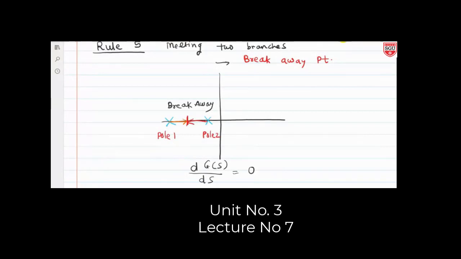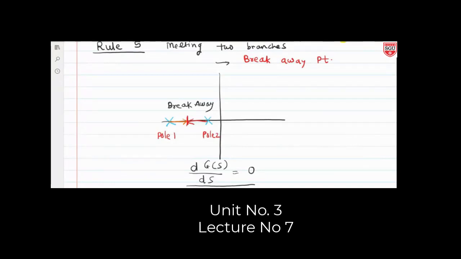We have to differentiate G(s) with respect to s, that is, differentiate the open loop transfer function with respect to s, and by equating to 0, we will get some value of s. That approximate value we have to plot on the graph. When we solve the problem, you will understand how to find this point by differentiating the open loop transfer function. That is rule number 5.